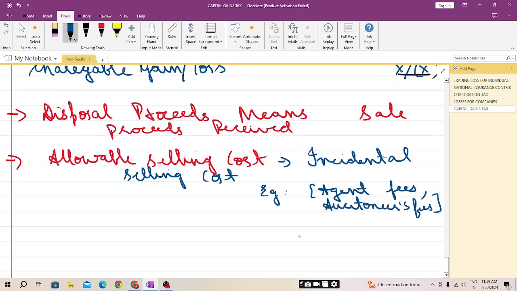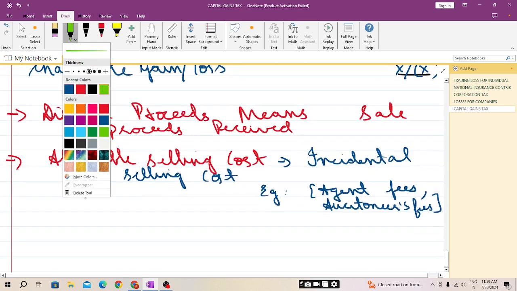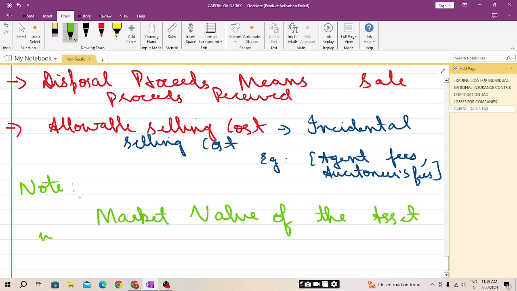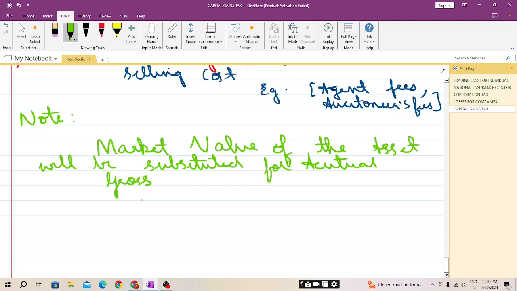Then students, we have seen the most important point. Note, in the calculation of the disposal proceeds, the market value of the asset will be substituted for actual gross proceeds.